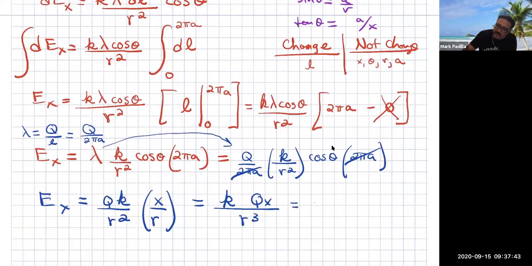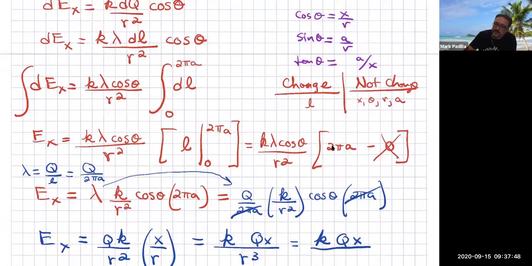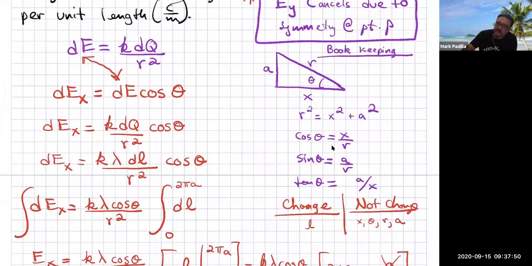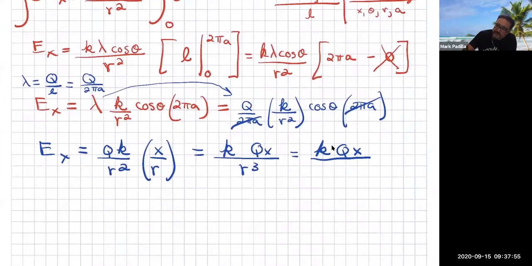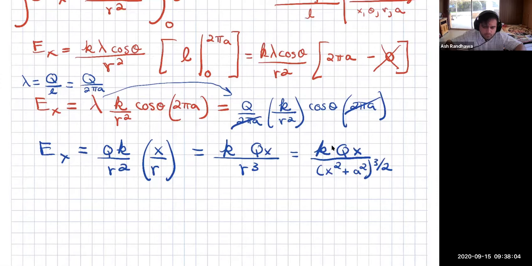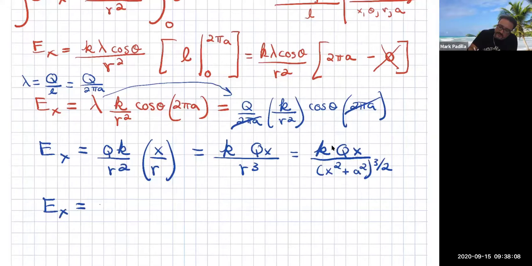Now put in what r is equal to. Well, what's r equal to? x squared plus a squared, to the 3/2. This would be your answer: k q x over x squared plus a squared to the 3/2.